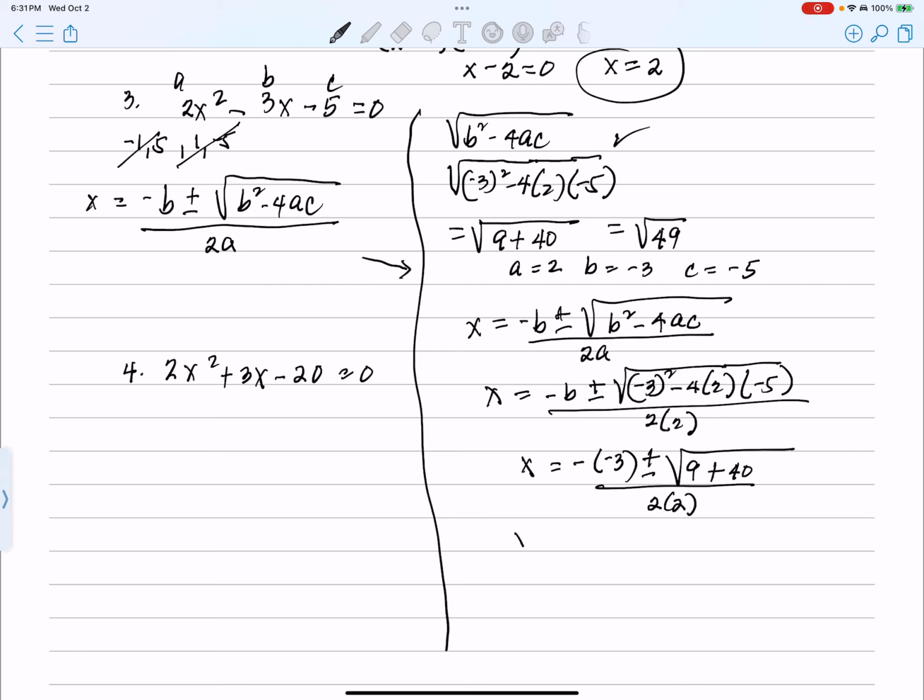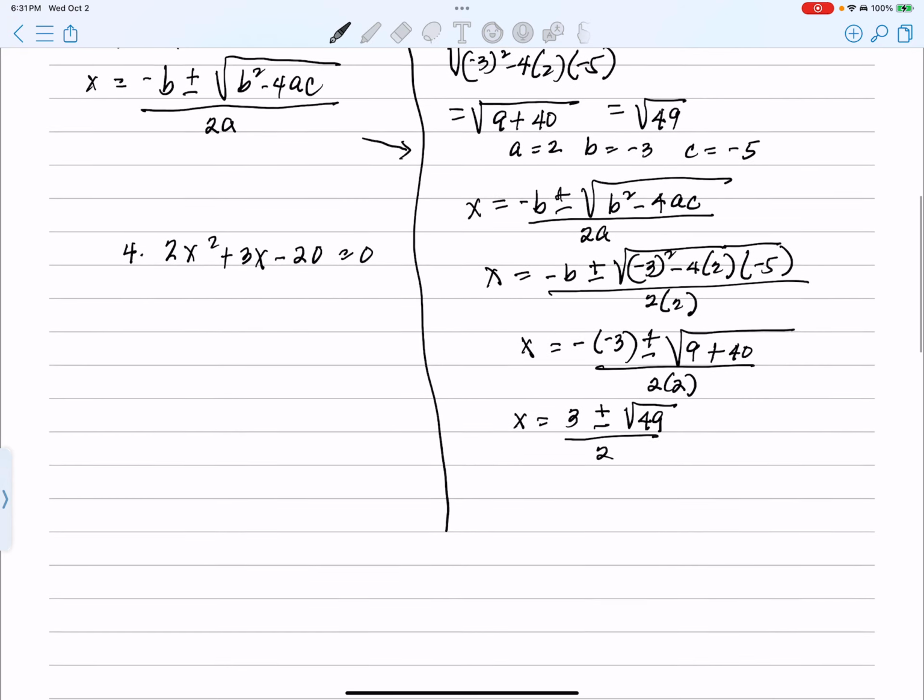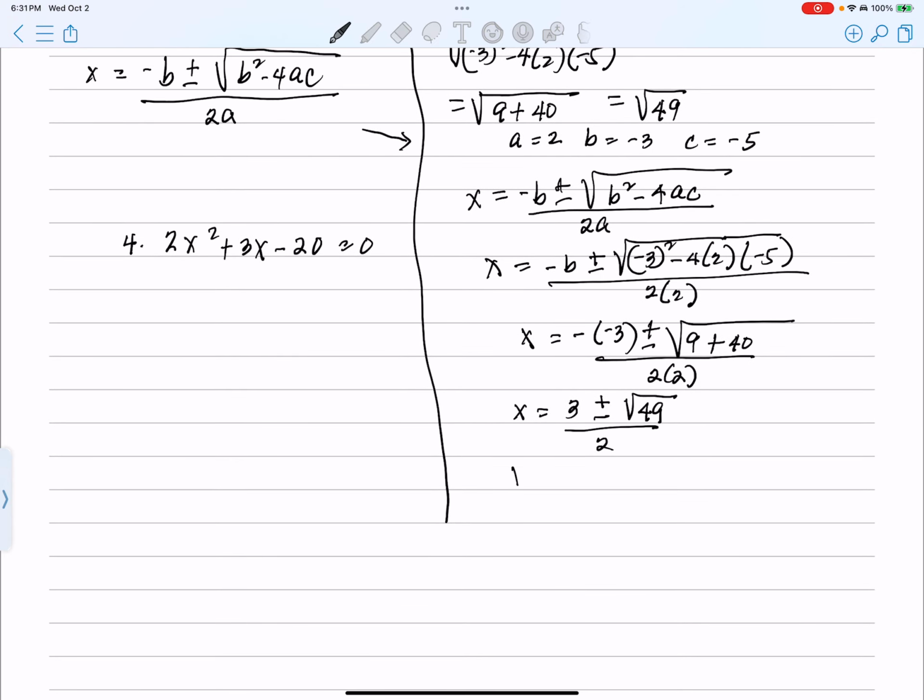Okay, let's simplify. Negative negative 3 would be positive 3, plus and minus the square root of 49 over 2. I'm going to raise this up right here. So x would be 3 plus and minus the square root of 49, which is 7, and then you divide by 2.